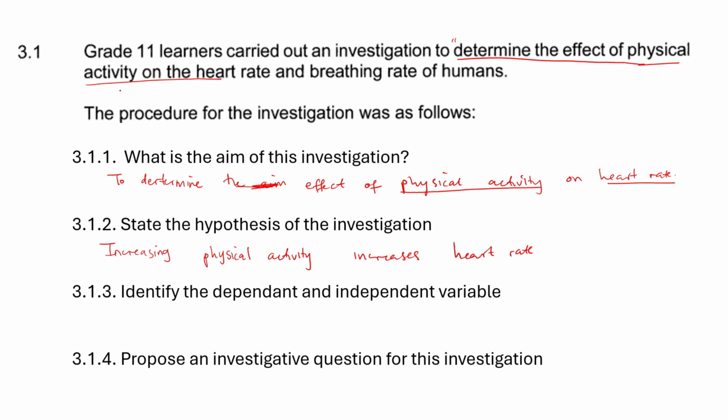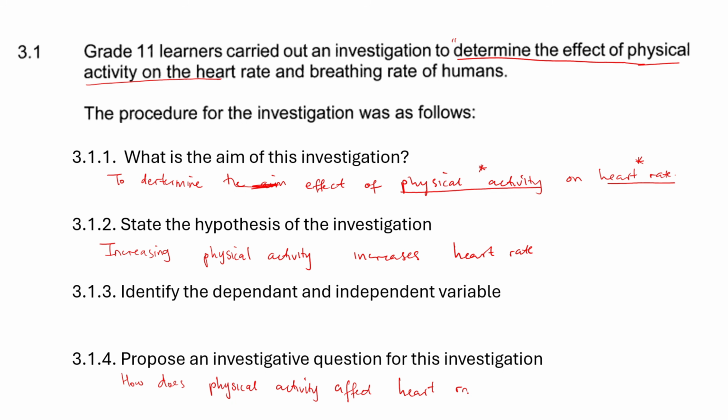So on this one, I would say the aim says to determine the effect of physical activity on heart rate. So my variables here are physical activity as well as heart rate. For me to propose an investigative question, I would say how does physical activity affect heart rate?